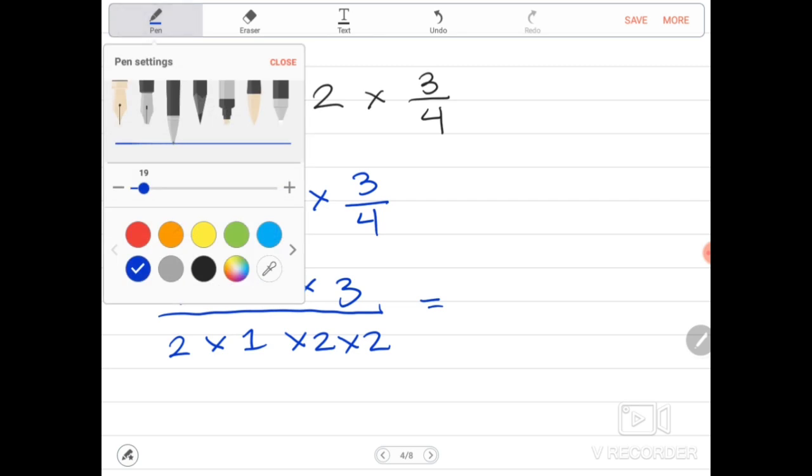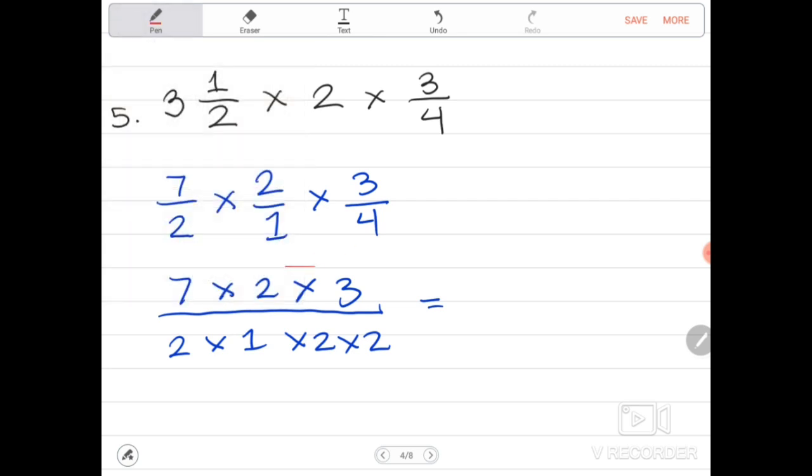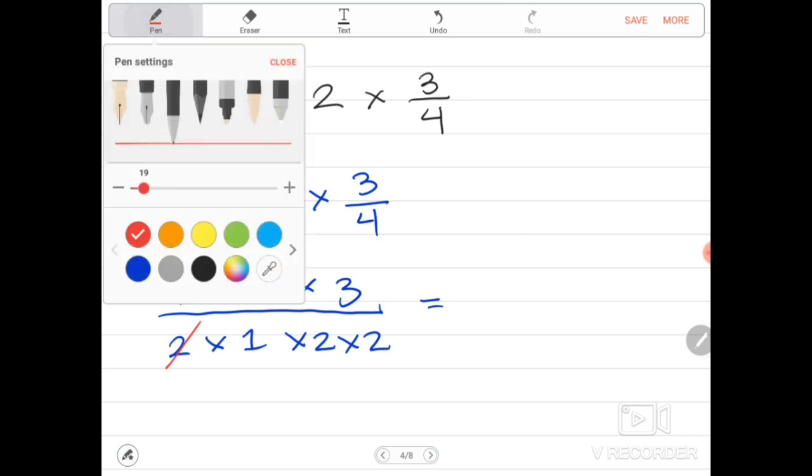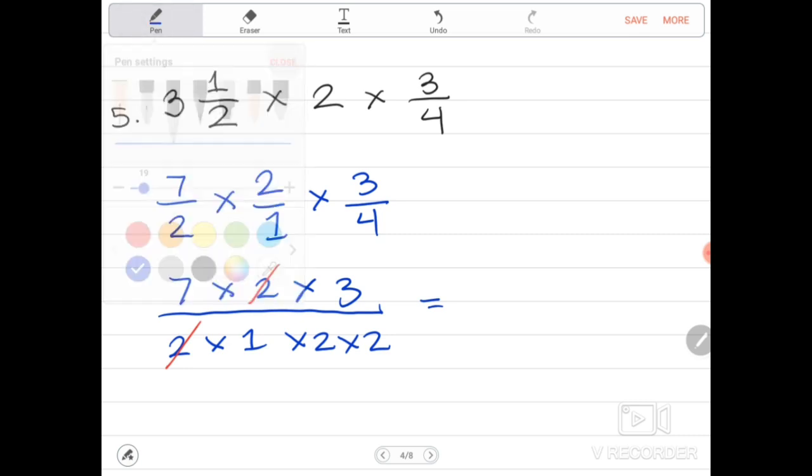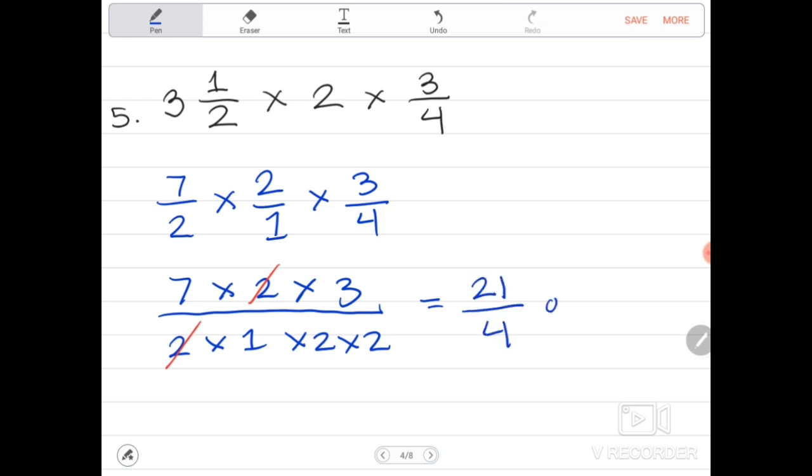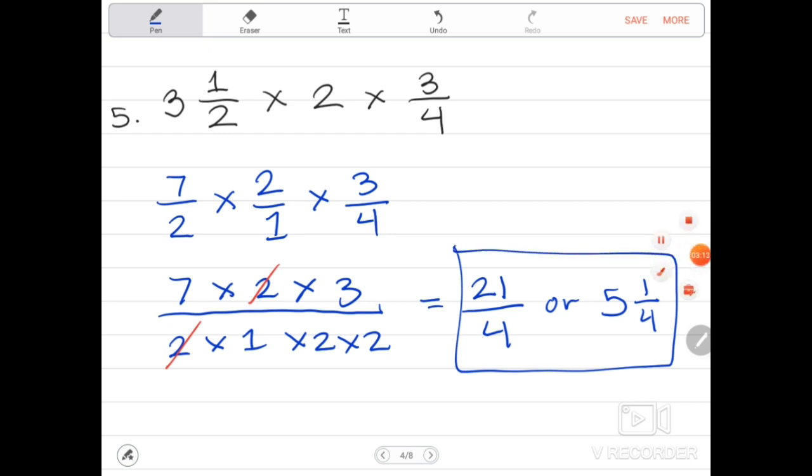Okay, so canceled out, so that is only 2. So we will be having 7 times 3, that is 21 over 4, or 5 and 1/4. This will be our final answer.